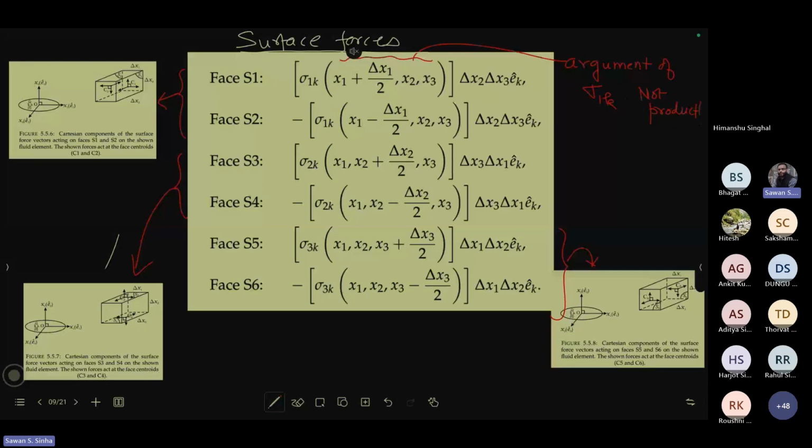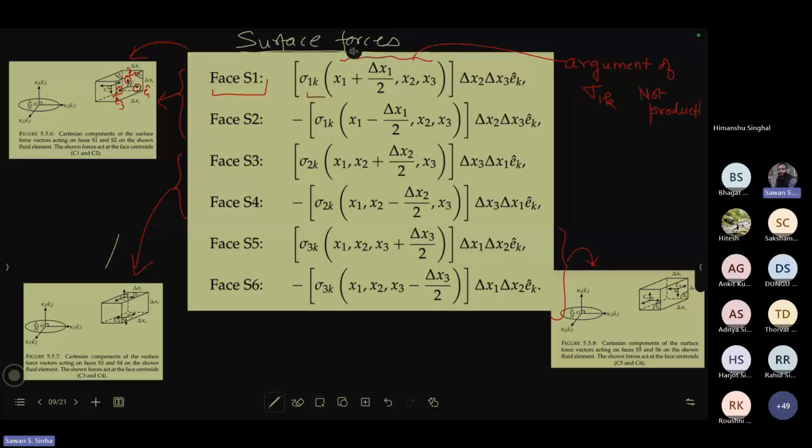Let's talk about face S1. On face S1, the surface force acting has three components, one along e1, the other along e2, the third along e3. And those components have been written here.